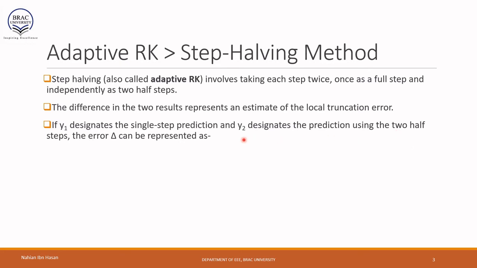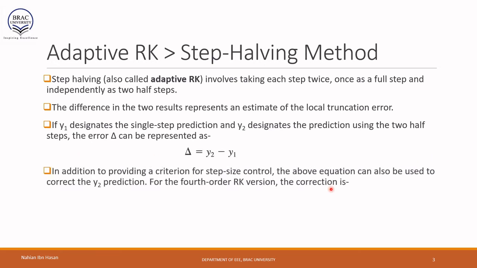As a result, we get a final result y2, which will be different from the value of y1. The difference between these two values is denoted as delta, where delta is y2 minus y1. Based on this difference, we can modify our original result y2 by the formula y2 plus delta divided by 15. But this formula is empirically derived for the fourth order Runge version, so it is only applicable to the fourth order Runge version, not to other orders.